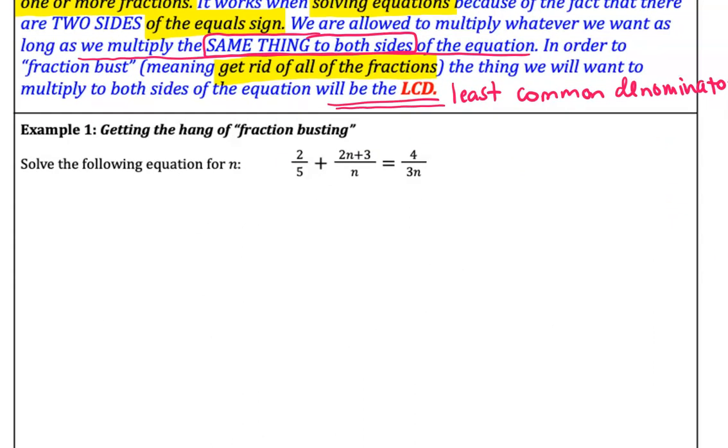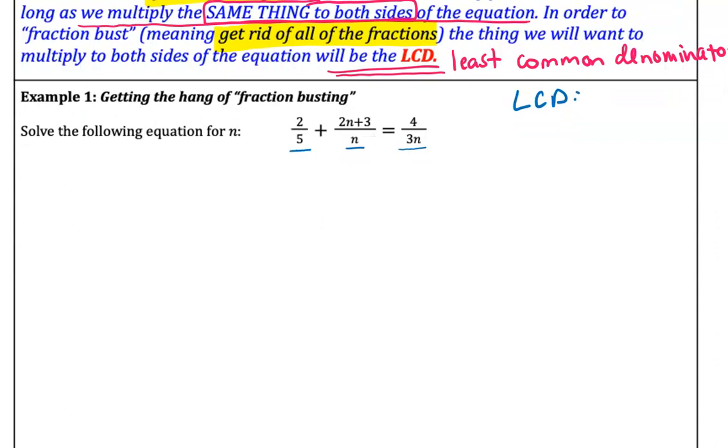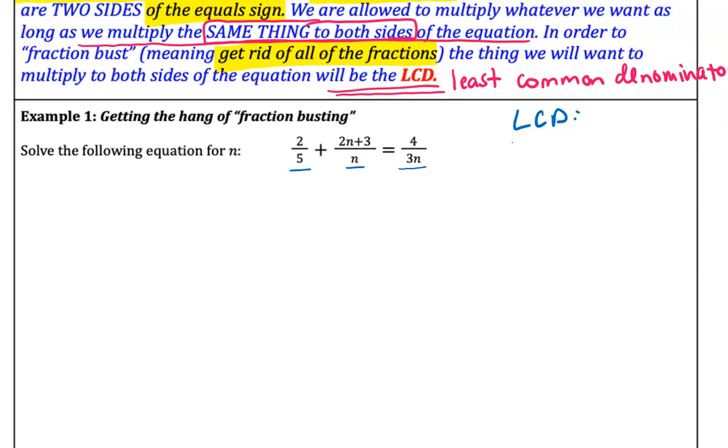So I'm going to start it off by finding the lowest common denominator between all of my denominators. You'll see I have a 5 in one denominator, an n in another one, and then 3 times n in the third one. So if you remember, our process for finding a least common denominator was to first consider common factors, which in this situation would be n.